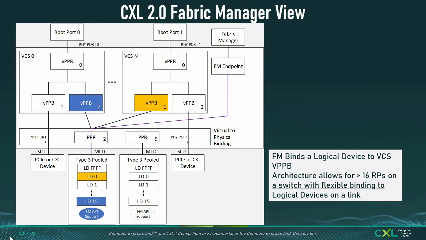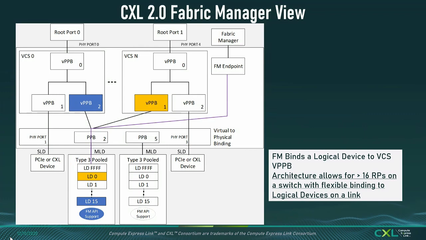The fabric manager, or FM for short, the box on the right that you see there, works through a fabric manager endpoint in the switch, and it basically does the magic underneath the scene, right? It binds the VPPB inside the VCS to a physical PPB, or a physical PCI to PCI bridge, which will then connect to an endpoint.